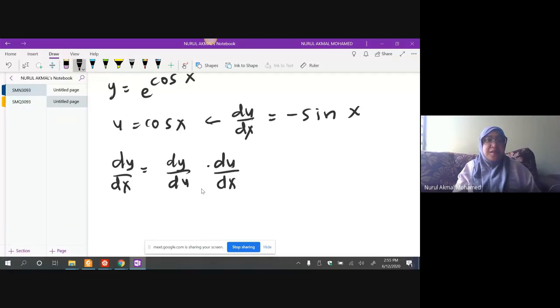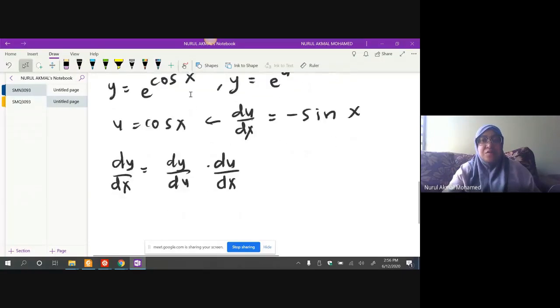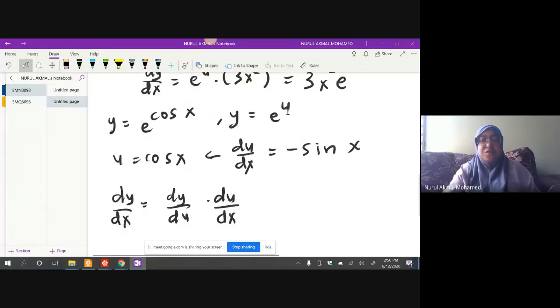If you denote u is equal to cos x, it means that your y is actually equal to e to the power of u, isn't it? So you differentiate y with respect to u, you will get itself.